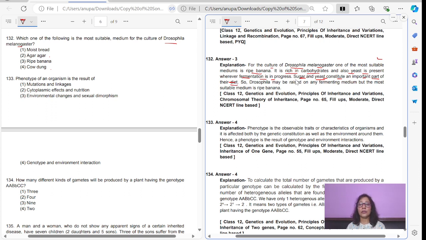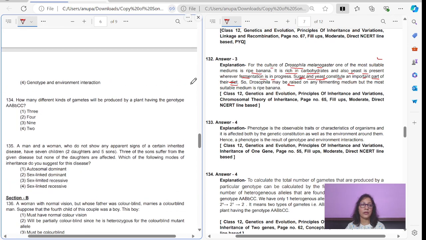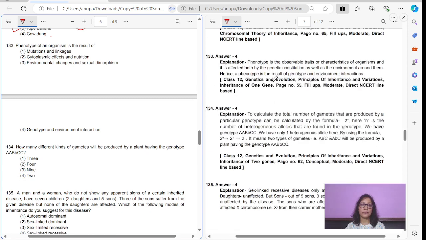So where these two are present, that will be the most suitable medium for their growth. So here option 3, that is ripe banana, will be our answer. Option 3.